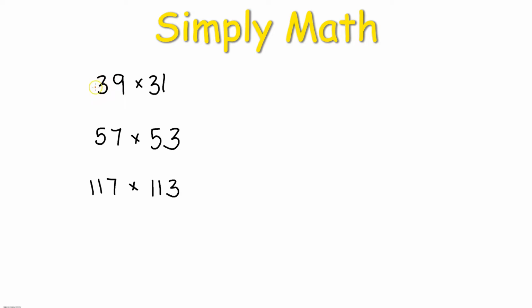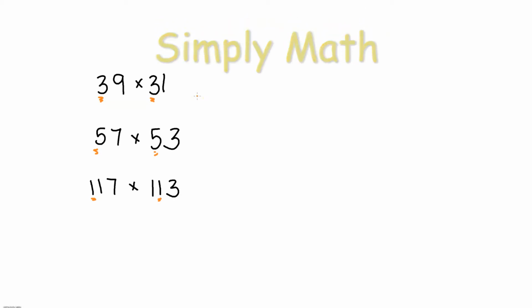Now if you look at the tens digit of each number, in this case 3, 3, 5, 5, 1, 1, the tens digit of all our numbers is the same, or the hundreds digit for our last example. So that's one condition for this trick to work. All the digits in the tens place need to be the same.